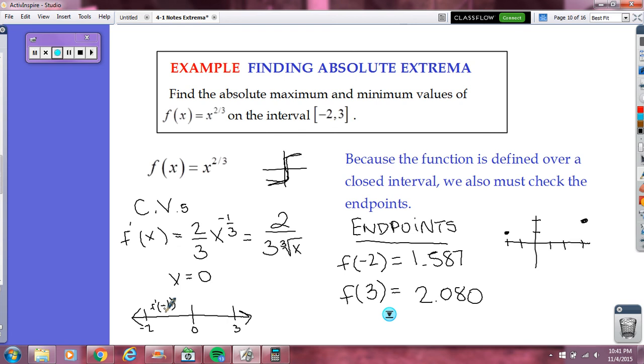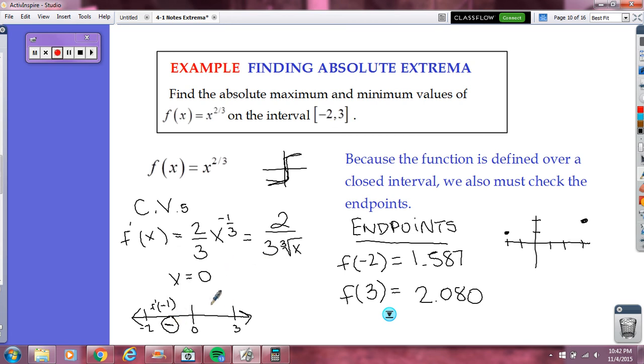So if I take -1 and plug it into my derivative, -1 raised to a negative power is going to give me a -1, times 2/3 is still going to be negative. So I'm determining that my derivative at -1 gives me a negative answer.